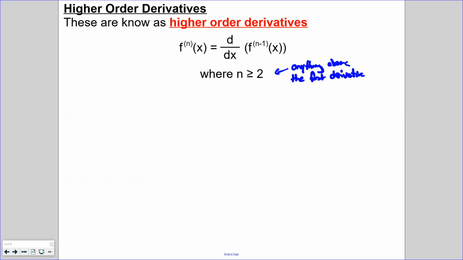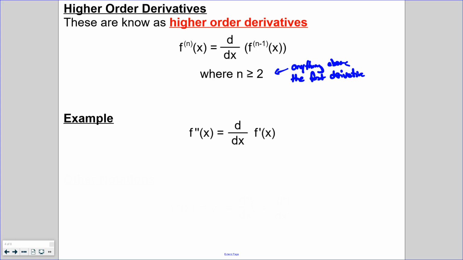Now, this notation is a little bit odd, and it's really not used very often except to define higher order derivatives, but let's just quickly look at an example to see how it works. So for example, we already talked about that the second derivative, f double prime of x, is equal to the derivative of the first derivative.